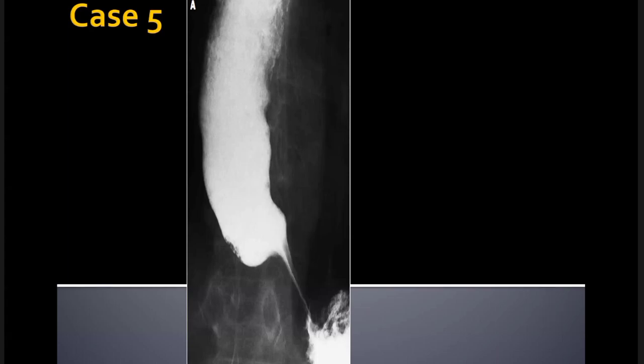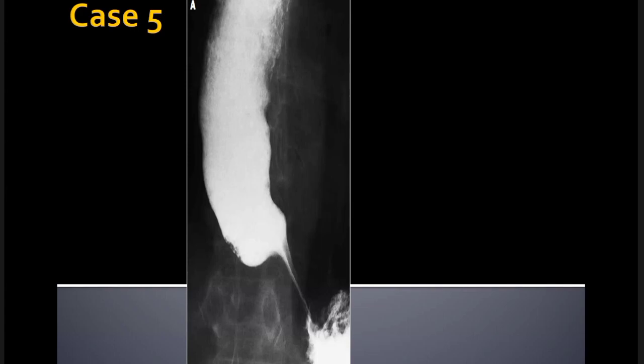So what will happen is periodically the lower esophageal sphincter will open, yeah? And you'll get contrast passing through. If it was a malignant stricture, i.e. pseudoachalasia, that wouldn't happen. The sphincter would remain fixed because of the malignant infiltration.